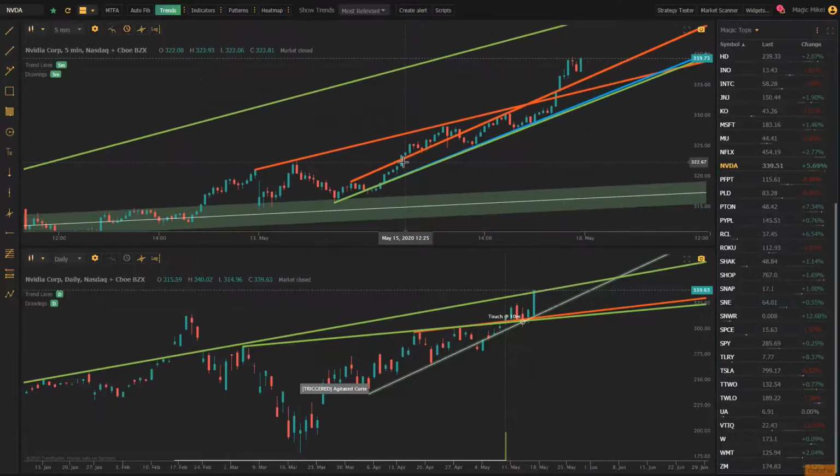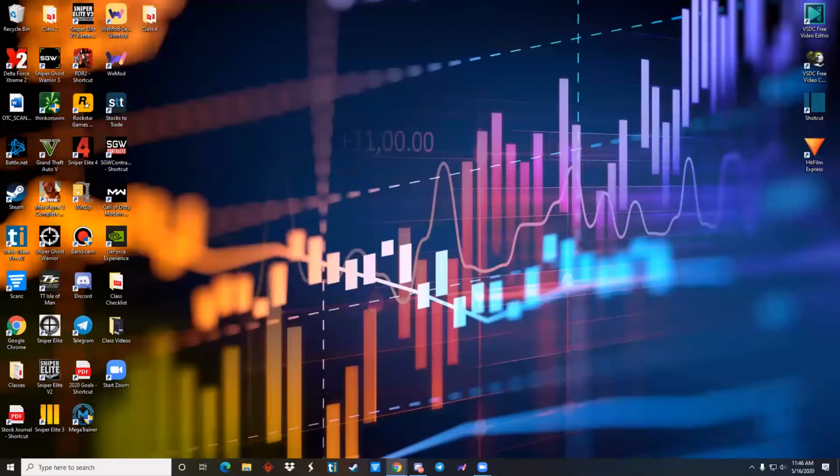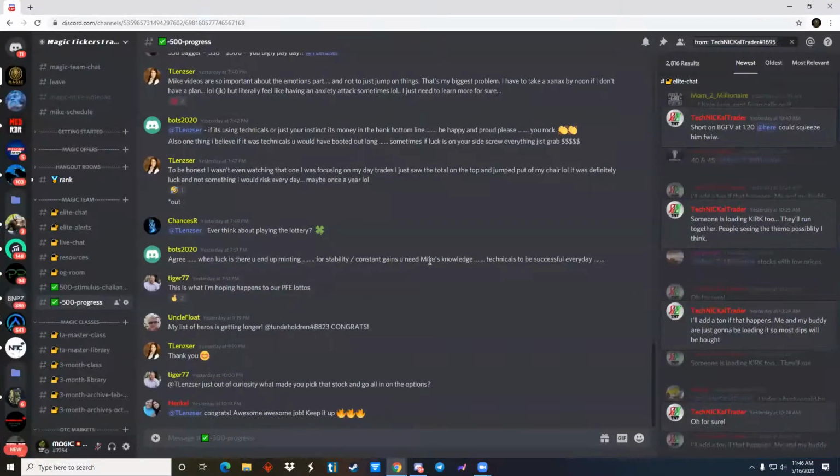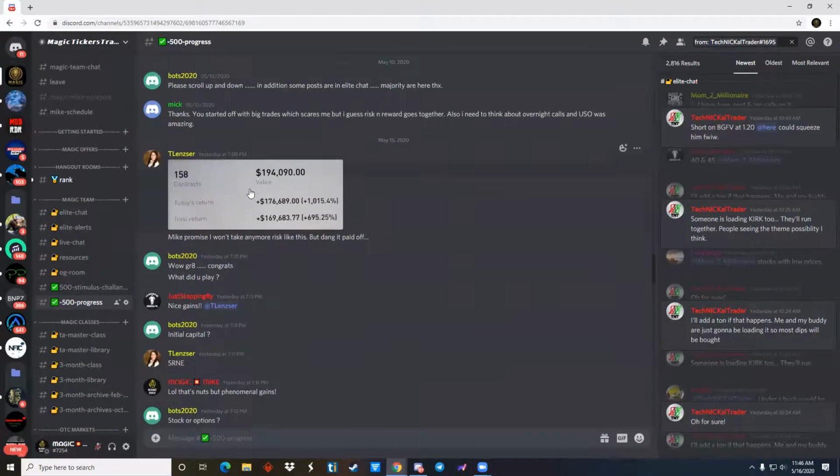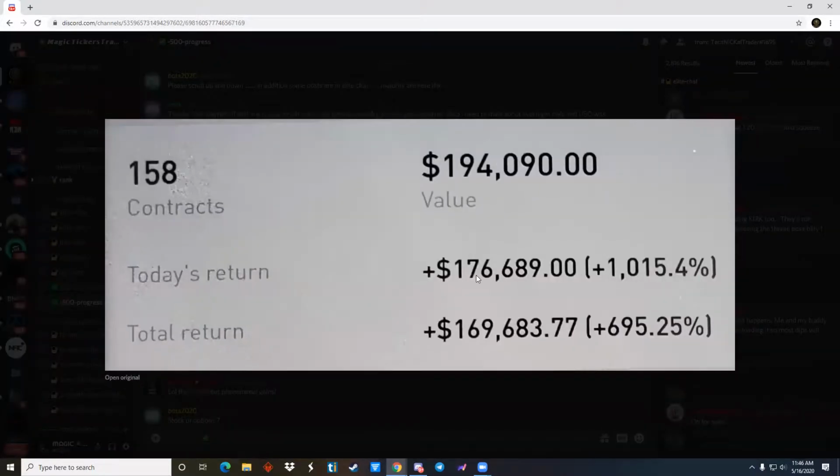Actually, one of the members I will show you here in the chat room, which we got a lot of basis off of Zoom, but we had one of our students that started out that literally bought some calls for SRNE here and banked some serious coin. Okay, this is literally an $18,000 investment that ran 1,000+% overnight based off of her charts, and gained a massive total return of $169,000.